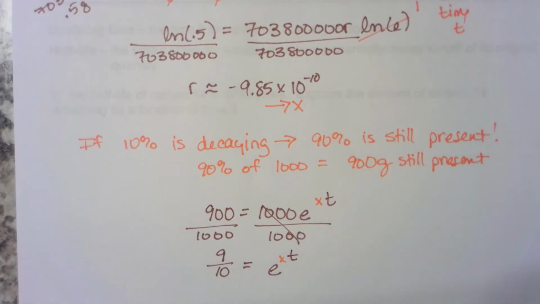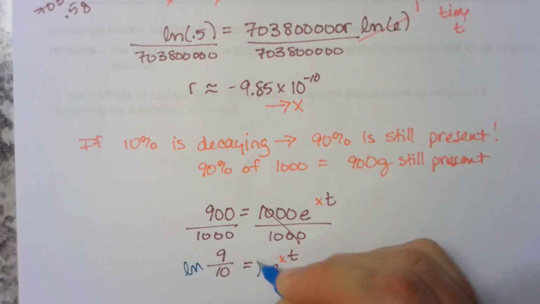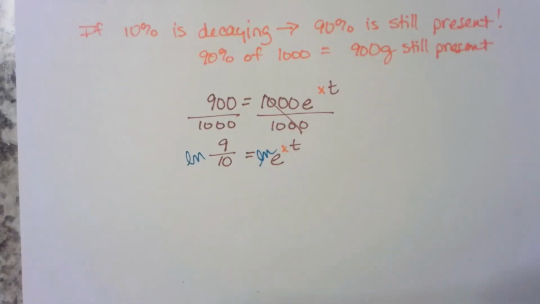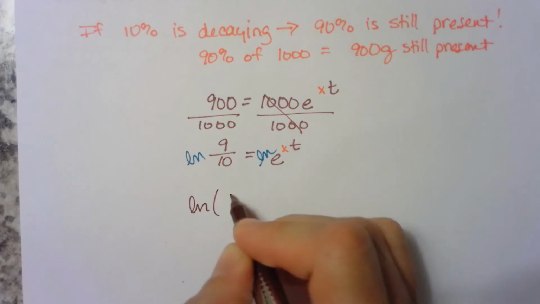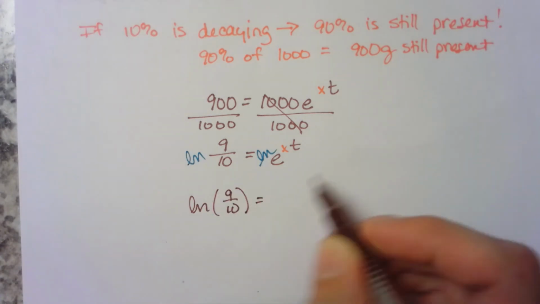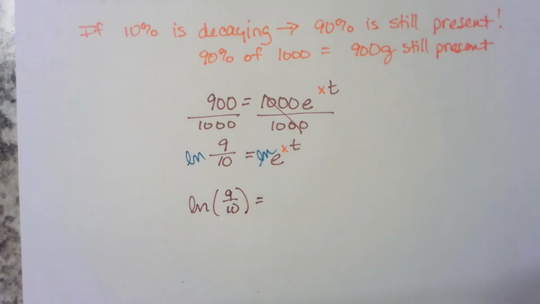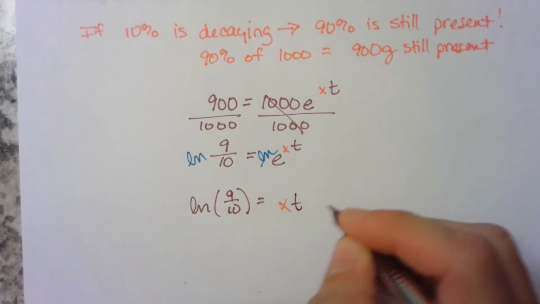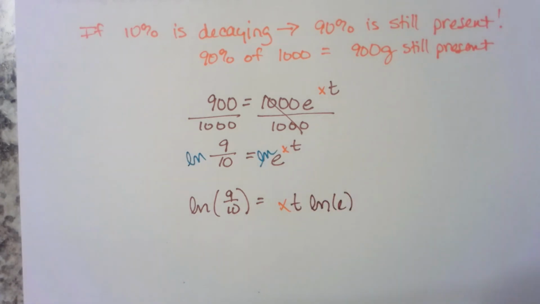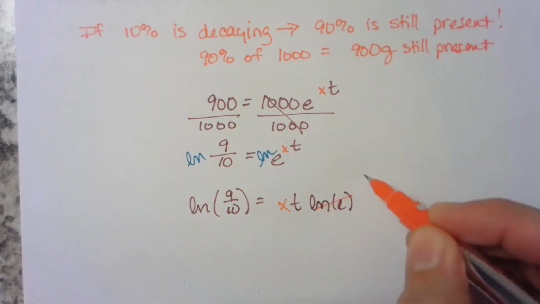Now we need to solve this, and to solve, we can take the natural log of both sides. So we'll have the natural log of 9/10 is equal to, you can use your power rule now, so we'll have xt natural log of e. And remember, natural log of e is just 1.